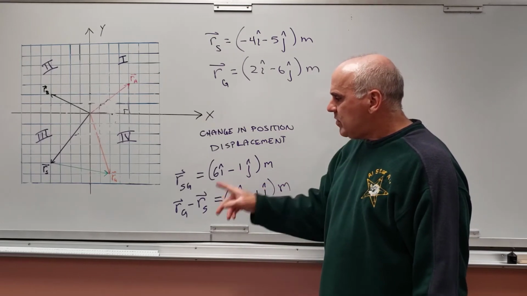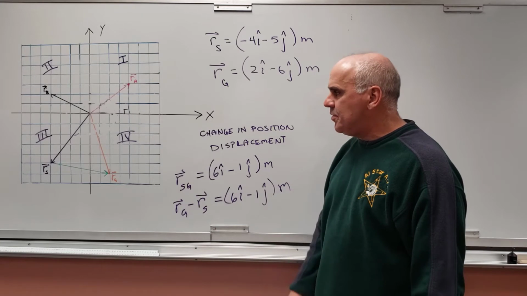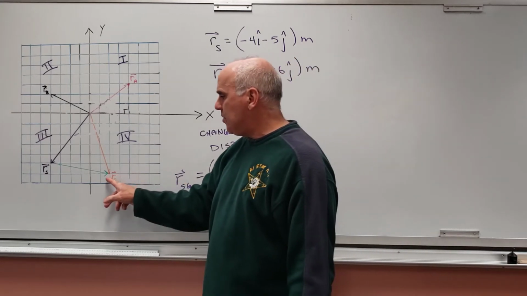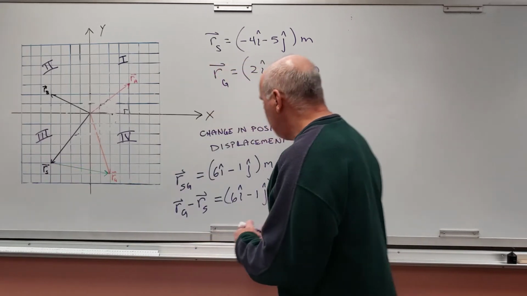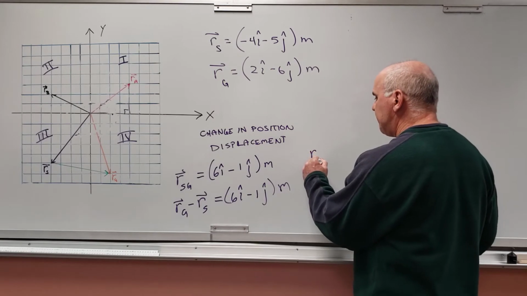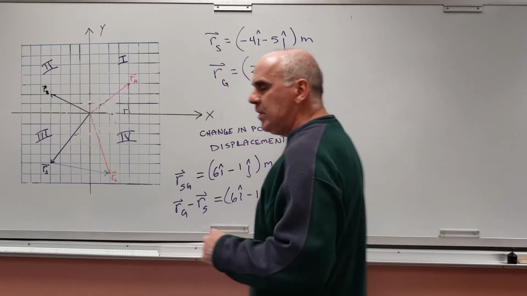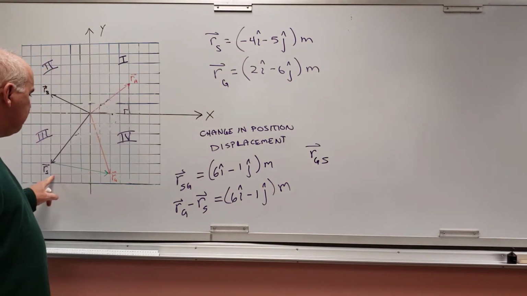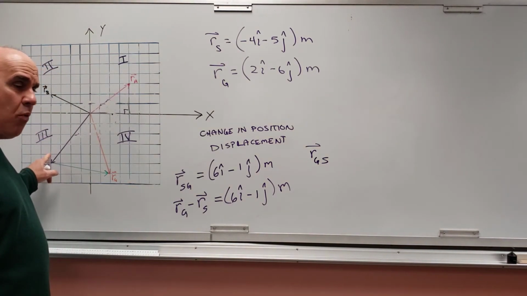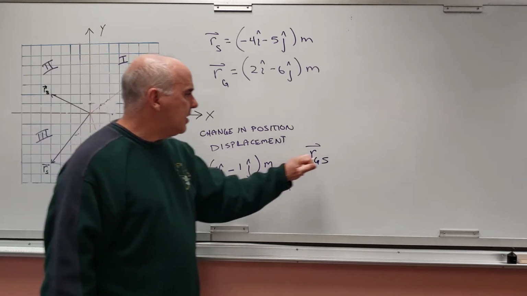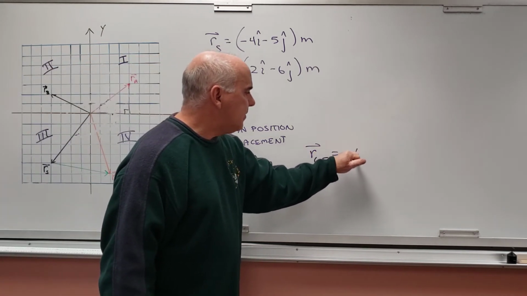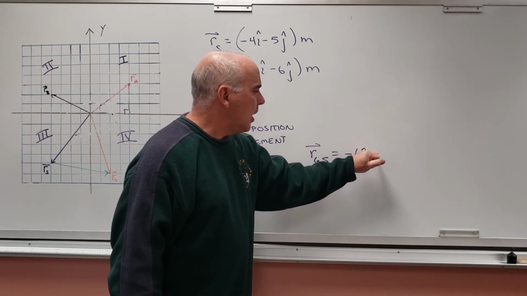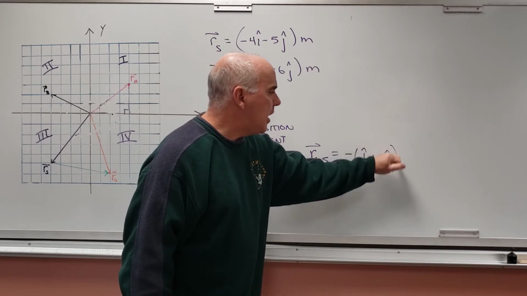Now, a couple of things. So that's from Shelby to Grayson. If I walk back the other way from Grayson to Shelby, that would be the position from Grayson to Shelby. If I do that, I'm going to go left 6 and up 1. So left 6 is going to be negative 6i plus, because I'm going up 1j.